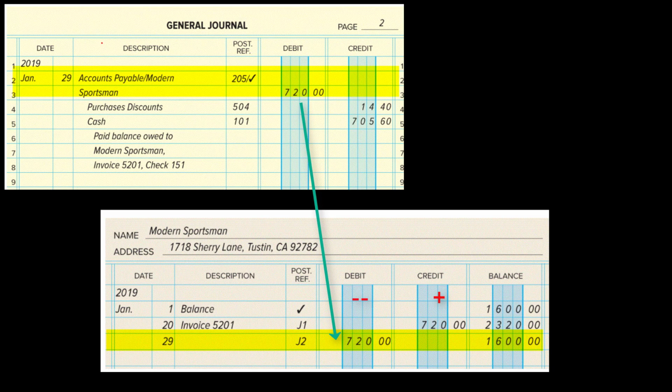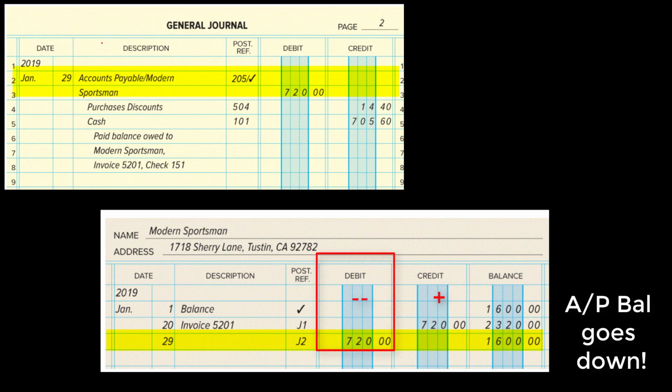Make sure you pay attention to which way accounts payable is moving. When we make payments, we debit accounts payable to make the vendor accounts payable balance go down. Just as was the case in Chapter 7 with the accounts receivable subsidiary ledger, the same posting references are used.